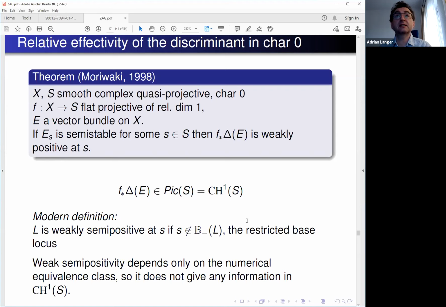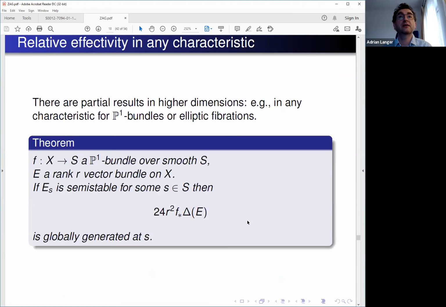But even in characteristic 0, one cannot hope that, say, the push forward of the discriminant is, instead of weakly positive, for example, semi-ample. This would be saying something really about the line bundle and not about the numerical equivalence class. So unfortunately, this cannot work in general, but in some cases, one can hope for things like that.